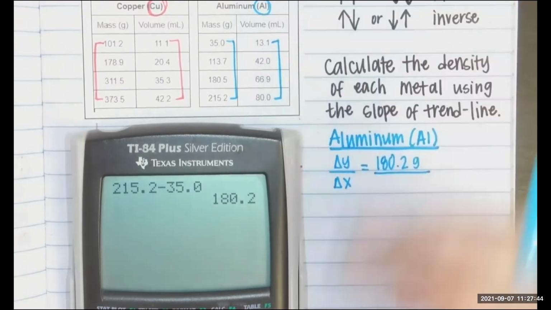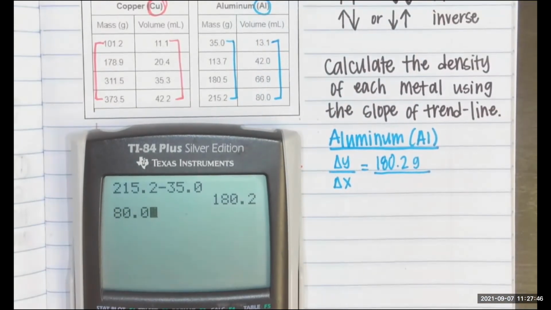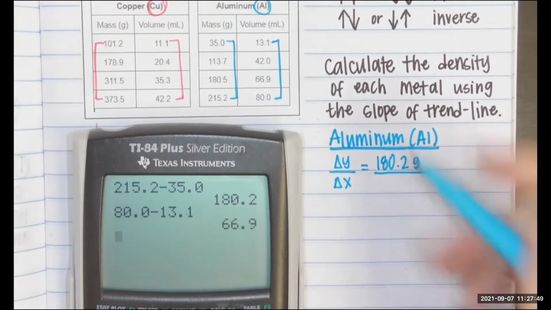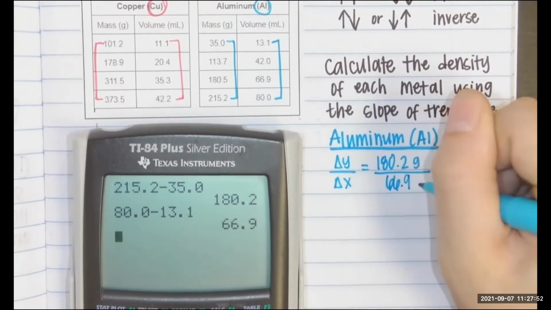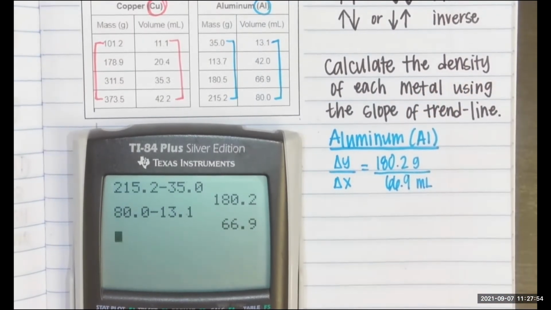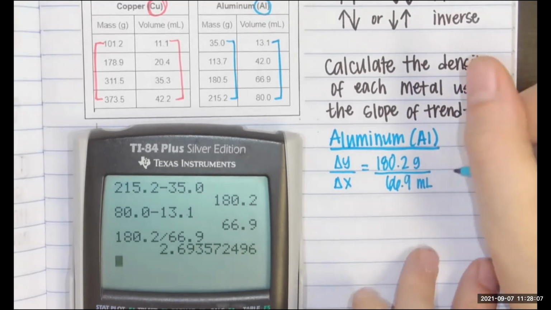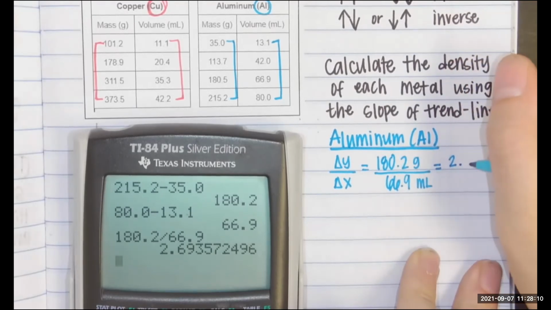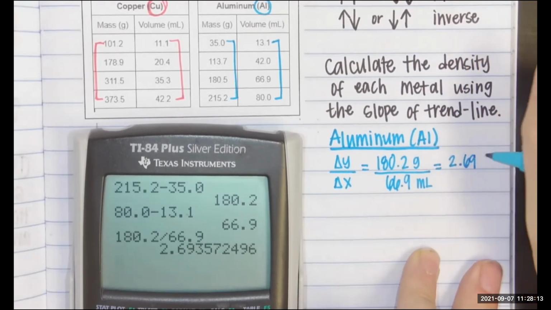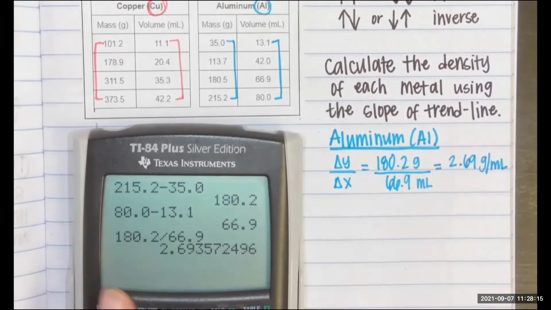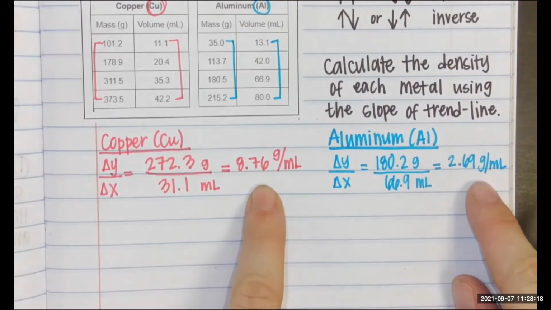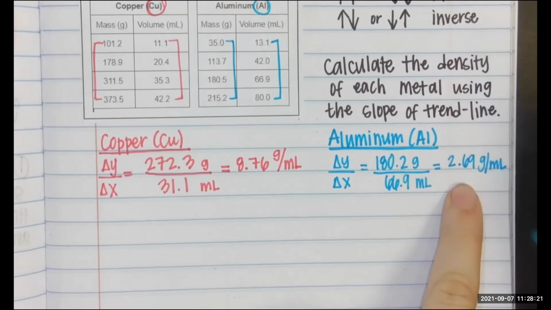Change in x, it's 66.9. 180.2 divided by 66.9 equals 2.69 grams per milliliter. So if I had a milliliter of each, this one's only going to weigh 2 grams.